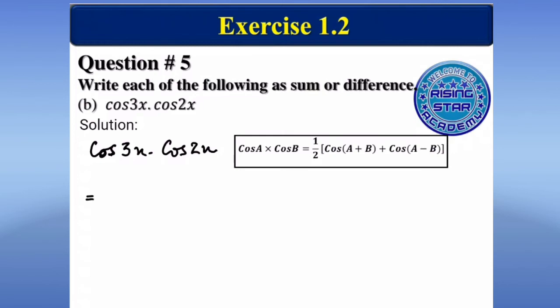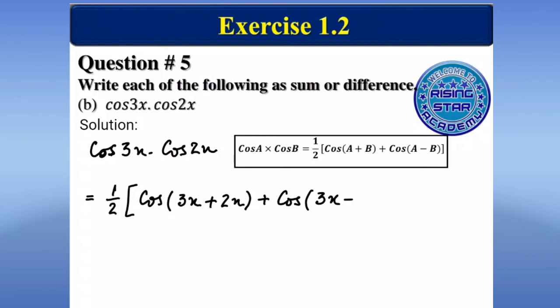That would be equal to 1 over 2 cos of 3x plus 2x, plus cos of 3x minus 2x.